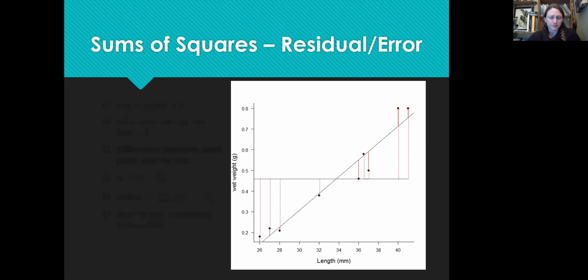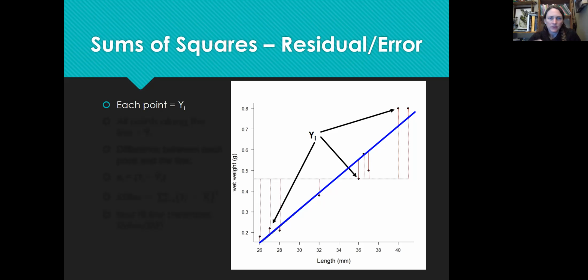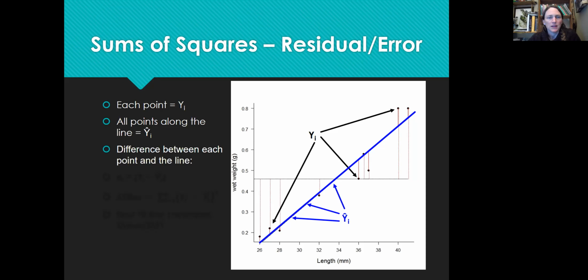The last piece we're going to talk about is called the sums of squares error, or residual. In this case, we're going to look back at those points again, y sub i, and at all of the points along the line. Now we're going to add up how much variation there is between each point and the line, not the mean this time, but each point and the line. The difference between each point and the line would be y sub i minus y hat sub i, and that could be represented by these little red lines.